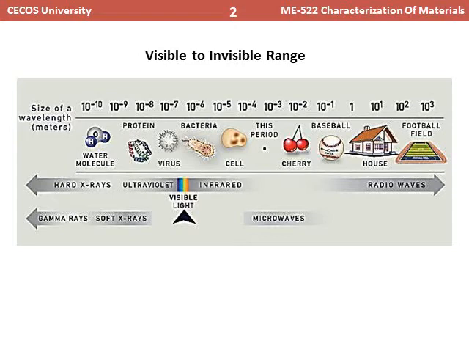If you go further down in size, like if you want to see a cell or bacteria, virus, protein, and the molecule of water, the size is so much less that it's nearly invisible to the naked eye. So to see these structures, we need instruments or equipment such as a light microscope.